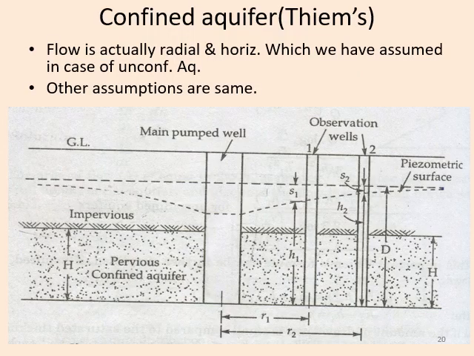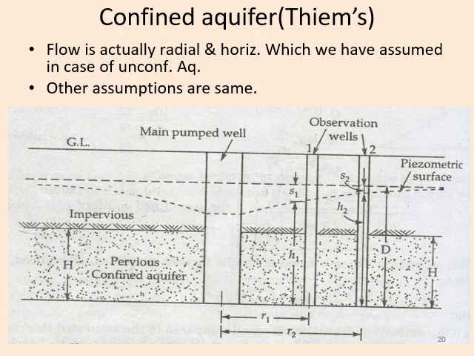Now let's see what is happening in the confined aquifer. In the confined aquifer, also given by Thiem, some of the assumptions will change. We have to assume in another way, like the flow in the aquifer is actually radial and horizontal in the confined aquifer.